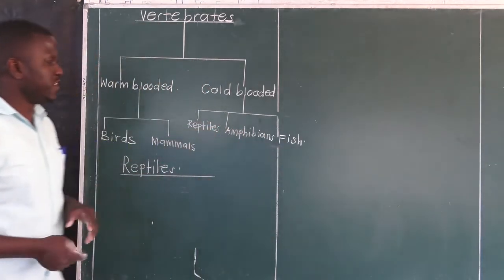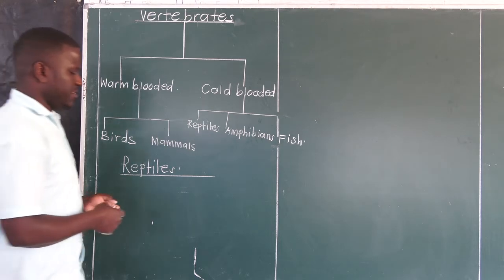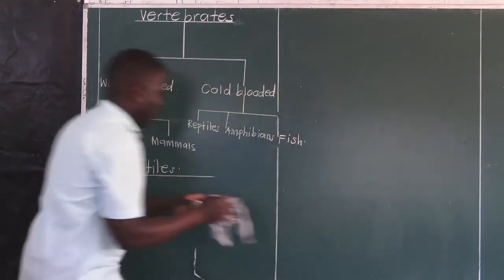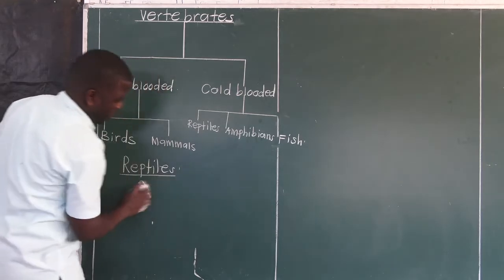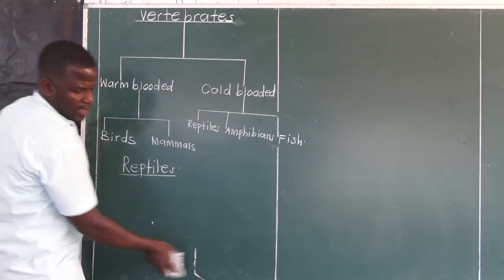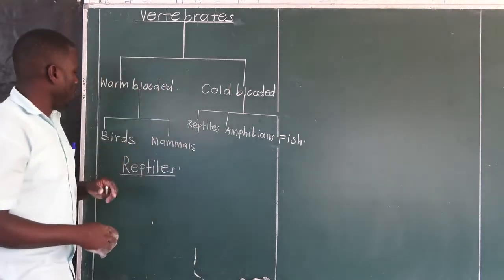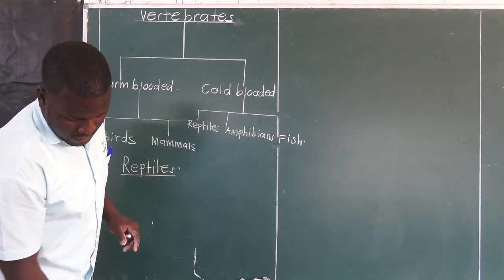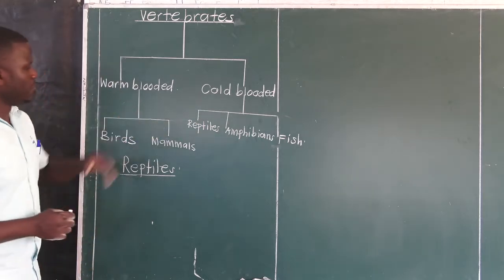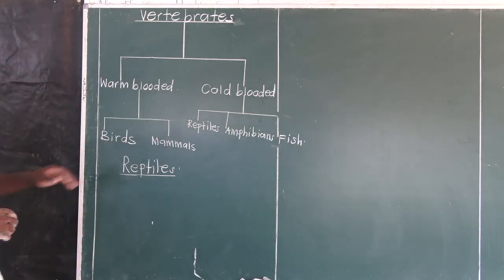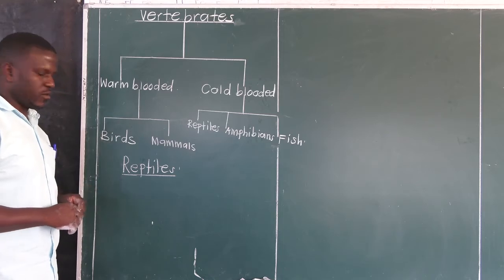So we're going to look at those three groups of cold-blooded vertebrates. Let's begin with reptiles, because previously we looked at birds and mammals. Now that we have begun looking at cold-blooded vertebrates, we want to start with the first group, which is reptiles.